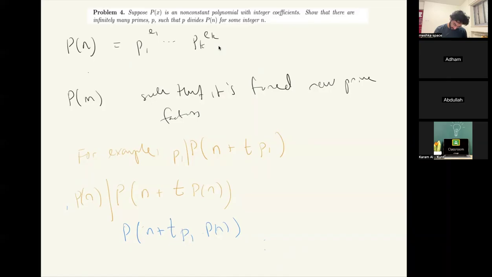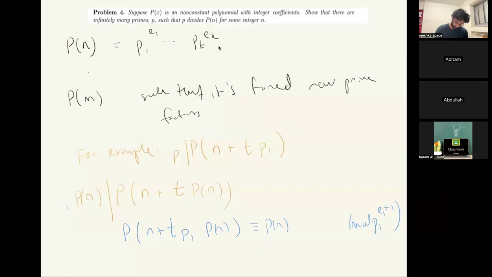Why is this good? Because now we consider it modulo P1 to the E1 plus 1. Mod P1 to the E1 plus 1, this term is divisible by P1 to the E1 plus 1, so this is equal to P(n). And what is P(n)?